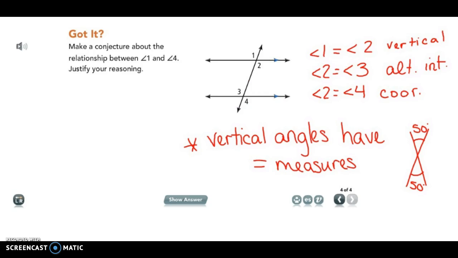Okay, angle 1 and angle 3 are also corresponding angles, so they equal each other too. So you can say that angle 1 is going to equal every other angle. Okay, that's it for this lesson.